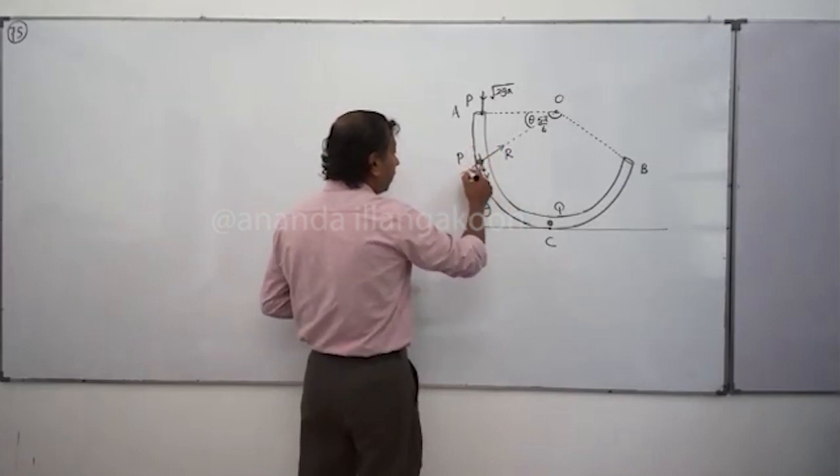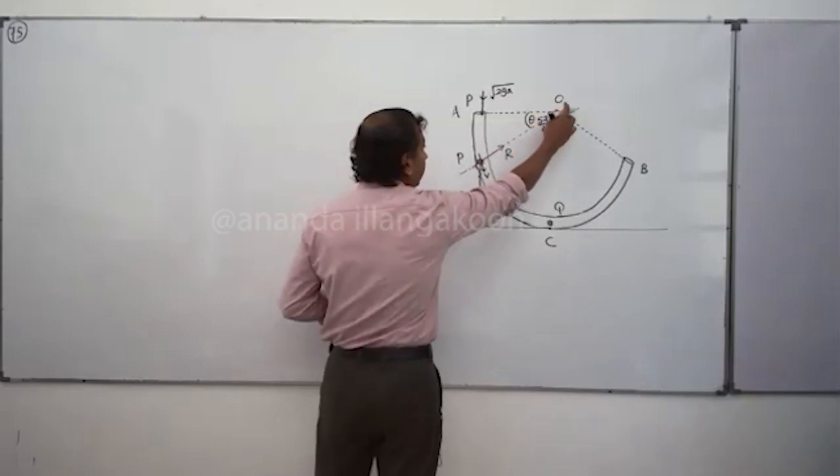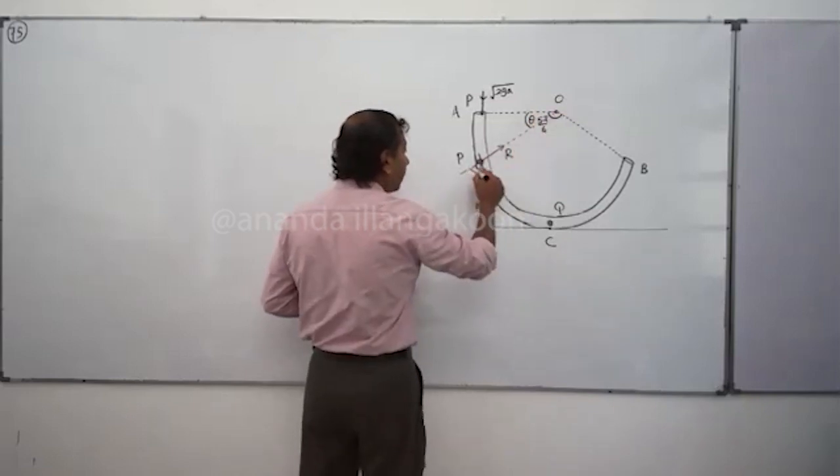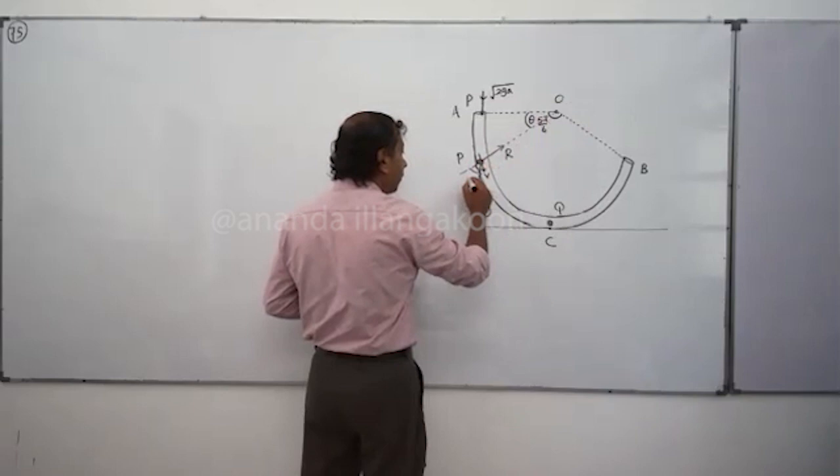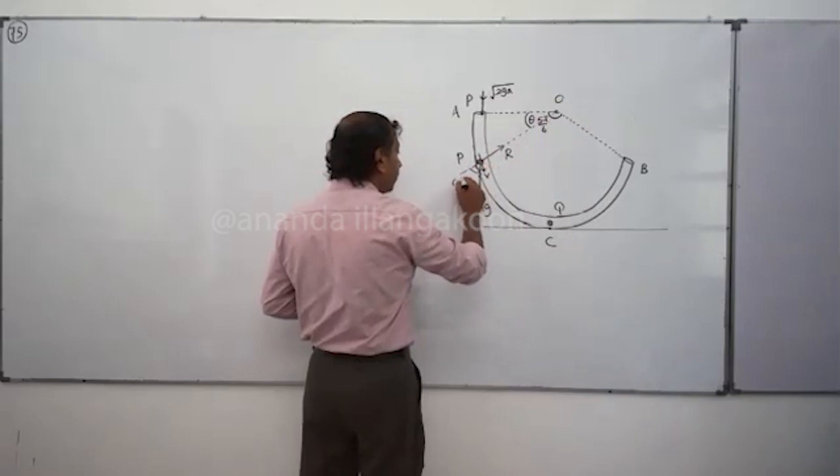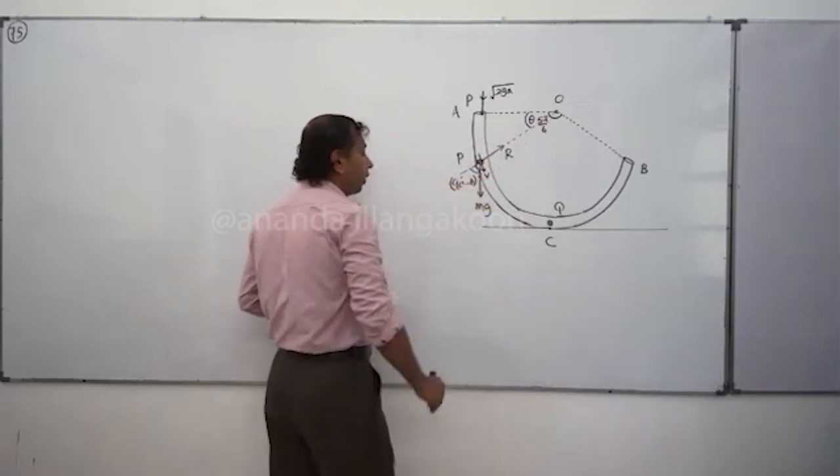This angle is theta with the vertical, therefore this is 90 minus theta.